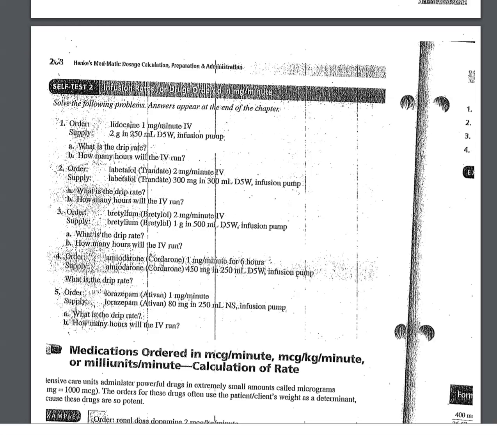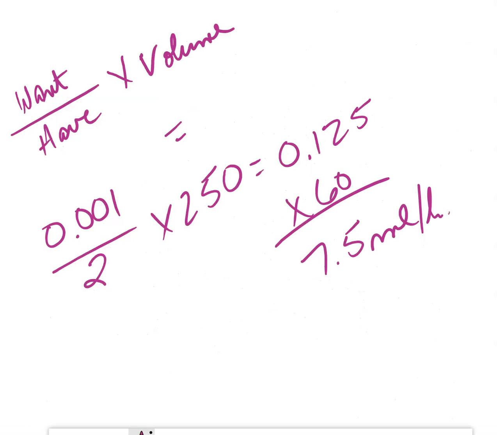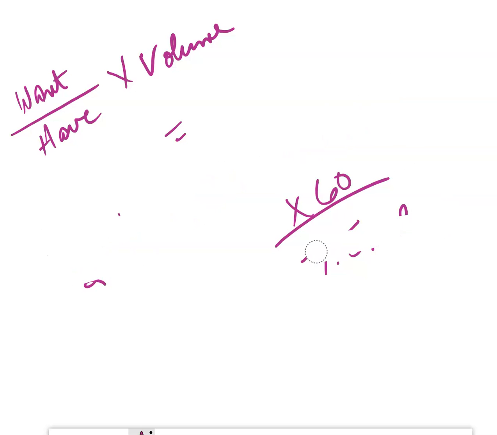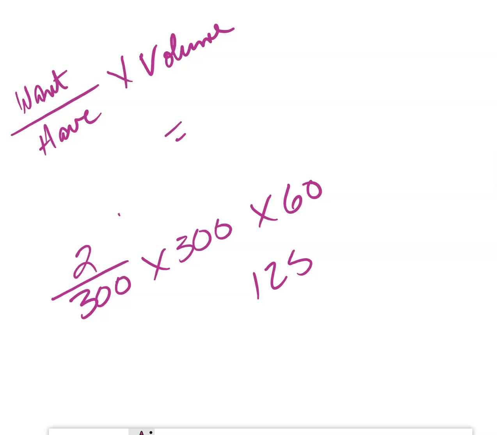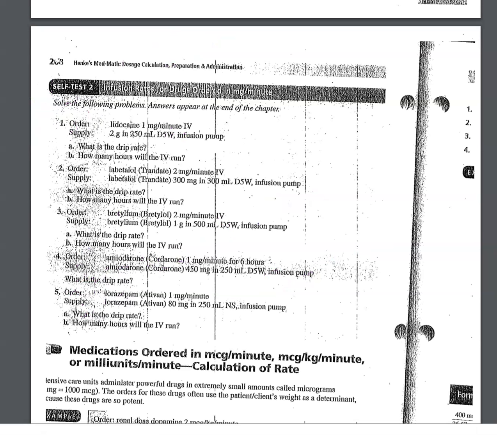So for number 2, what I did is 2 divided by 300 times 300 times 60 for the minutes. That gave me 120 mLs per hour, which is going to answer number A, which is the drip rate.